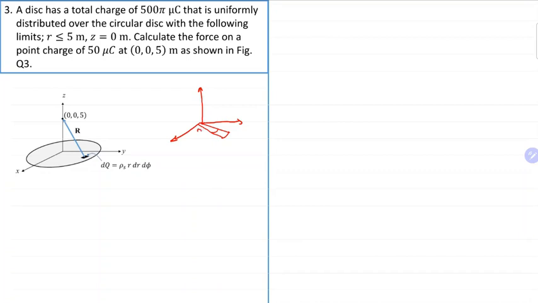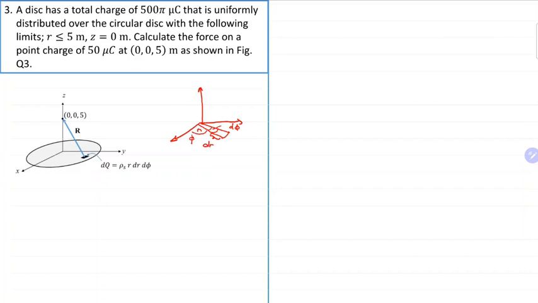Okay, so if this is r, this distance here is dr. And if I call this angle phi, this small angle here is d phi.